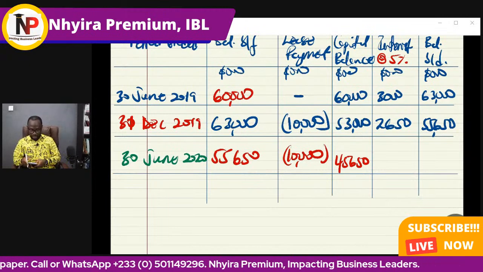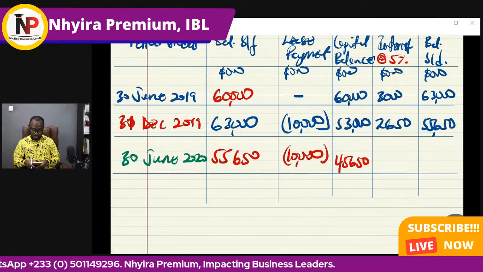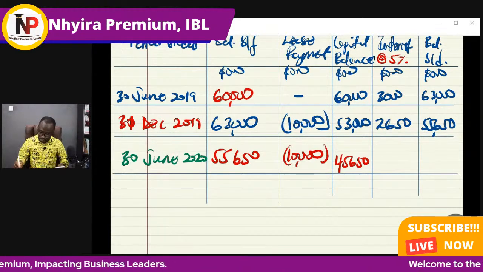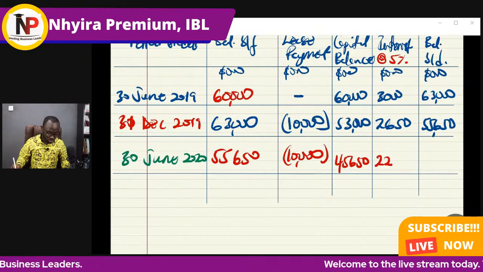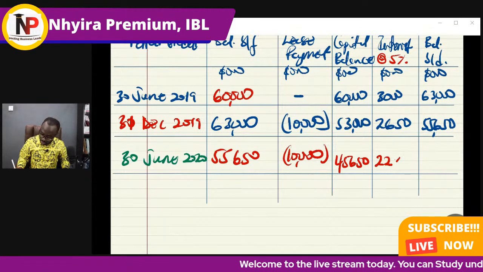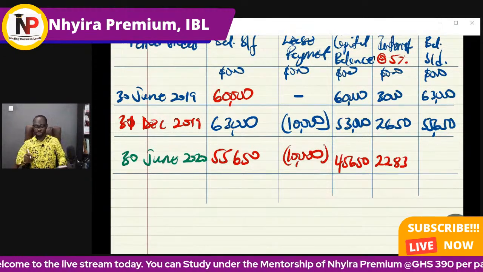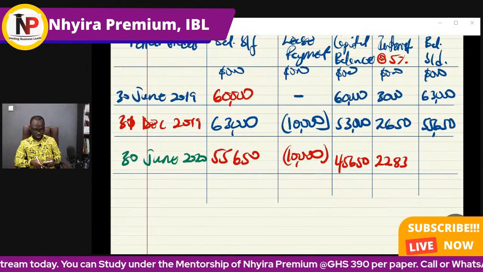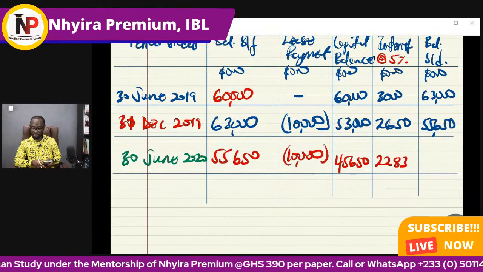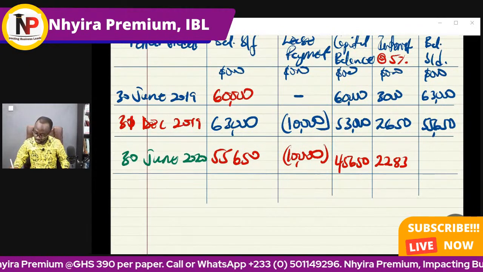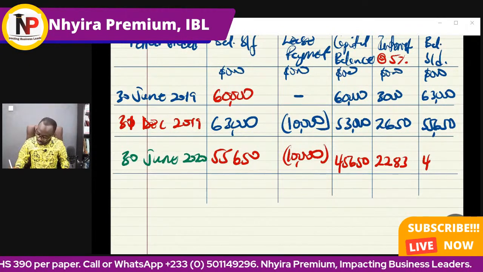You apply 5% on that. We get 2283 approximately. So 2283 plus 45,650, and that's going to be 47,933.